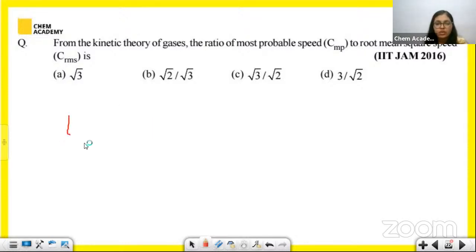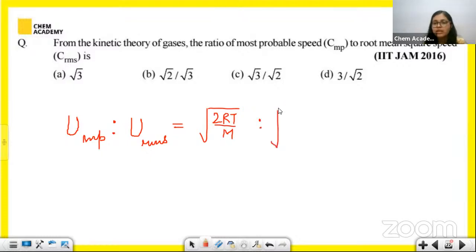We know that the ratio of U most probable to U root mean square is equals to, the formula for U most probable is under root 2RT by M, and for U RMS it is under root 3RT by M. On simplifying it, we will easily get root 2 is to root 3.